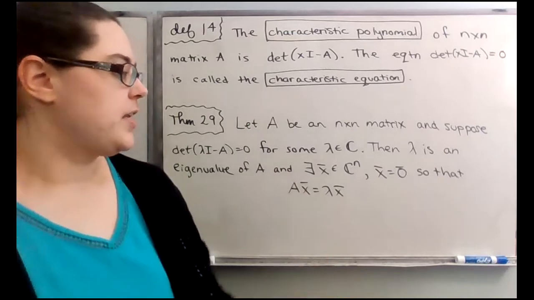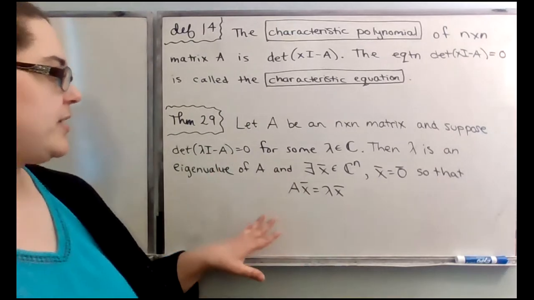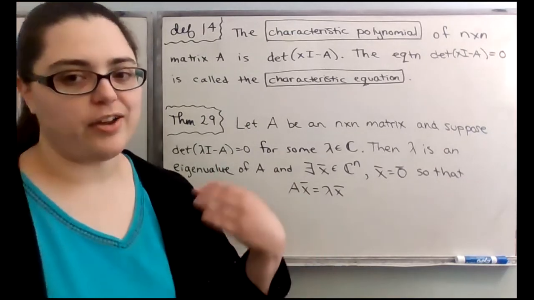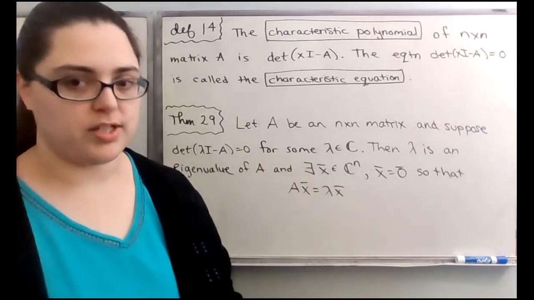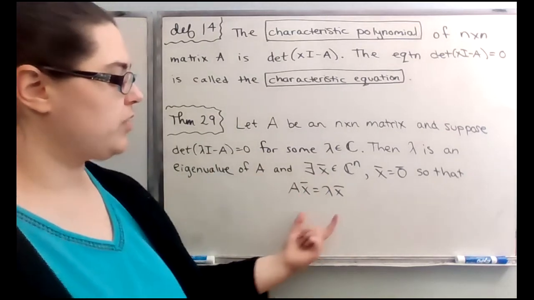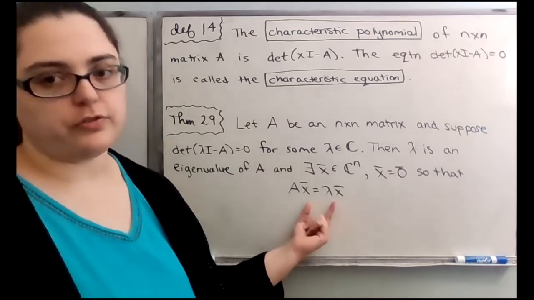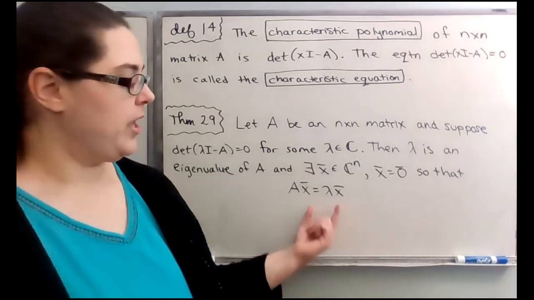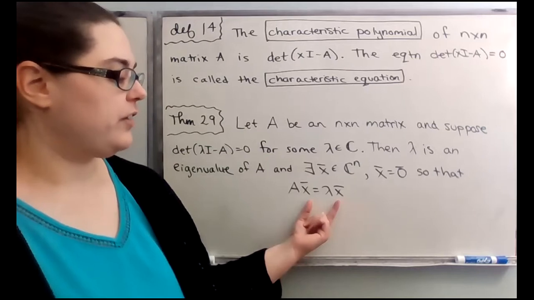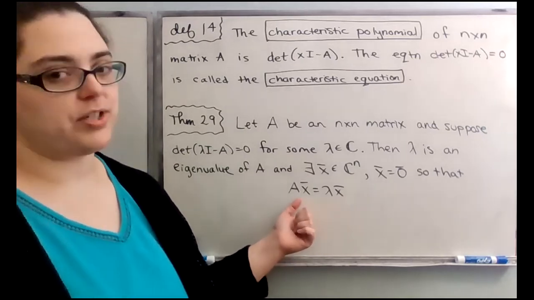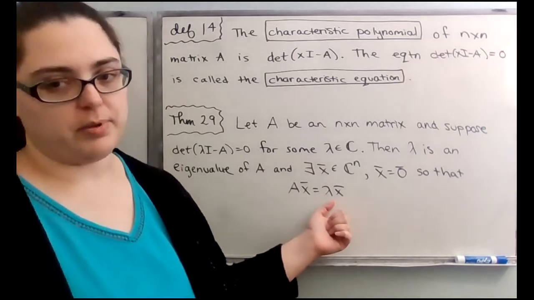In other words, what this theorem is doing is it is telling us how you can find eigenvalues and their associated eigenvectors. I'll just remind you that this was our definition for eigenvalue and eigenvector. x is an eigenvector if when I multiply it by some matrix A, I get a scalar multiple of it.